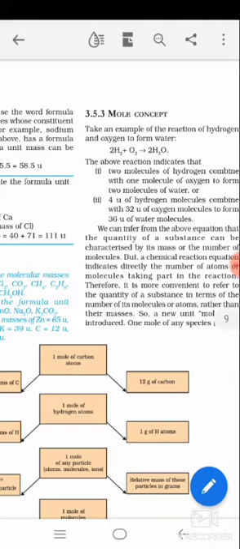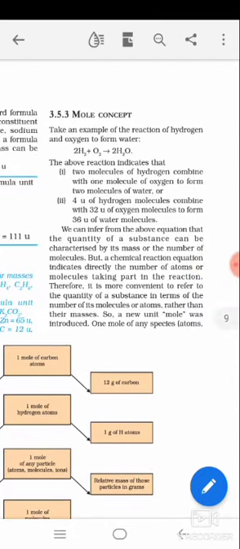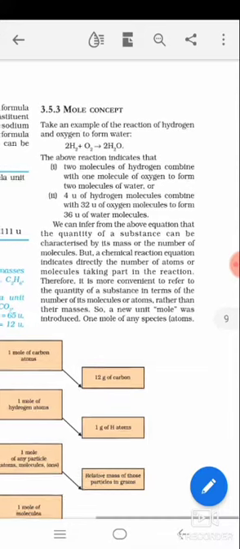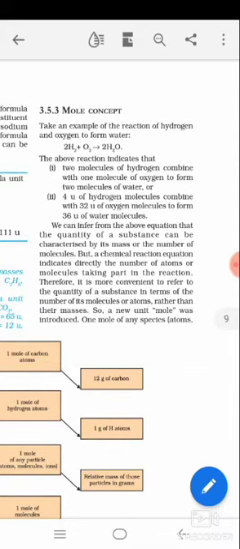What is mole concept? So in this reaction, water molecule is formed as 2H2 plus O2 gives 2H2O. In the above reaction, 2 molecules of hydrogen combine with 1 molecule of oxygen to form 2 molecules of water.